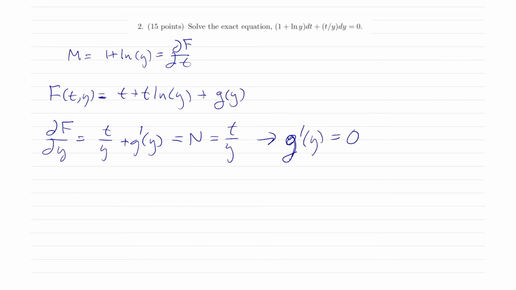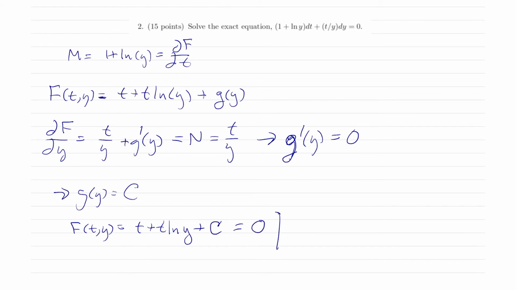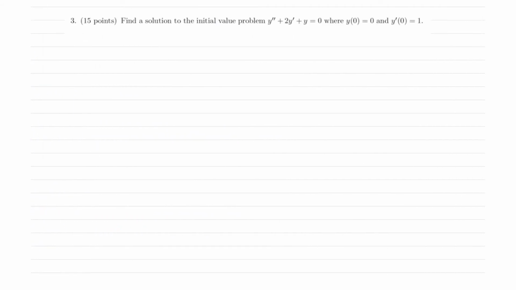Then g of y is equal to some constant. So the general solution is f of t, y is equal to t plus t ln of y plus c, and we set this equal to 0 so it gives us a concrete curve. There we go. That is the solution. Next one.